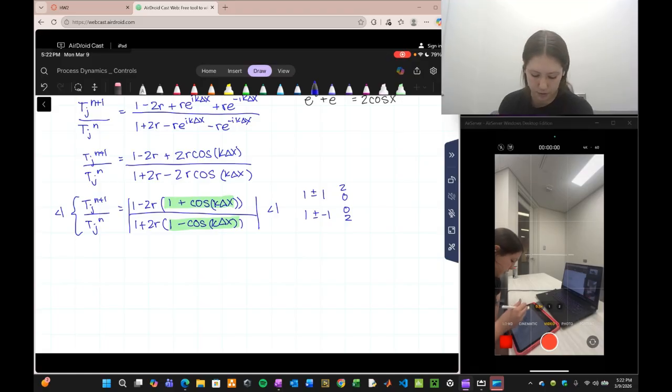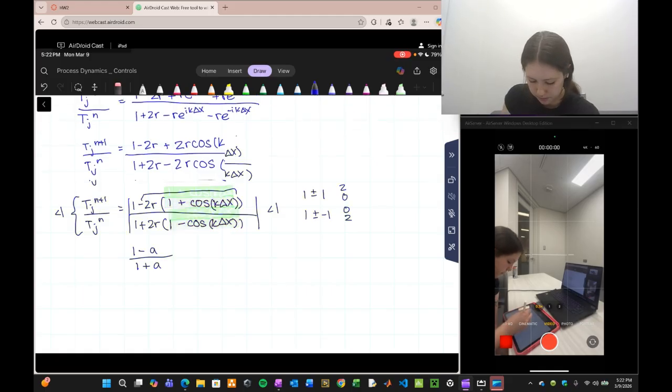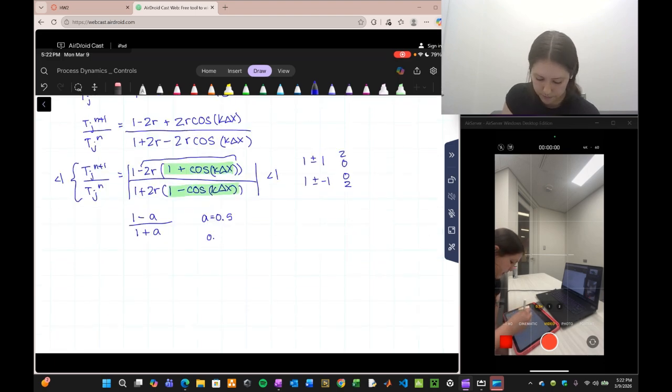So if we look at the rest of this equation, 2r will be multiplied by a non-negative term. So we'll call that A, and then in the bottom we'll call that also A. For example, let's say A equals 0.5. 1 minus 0.5 is 0.5, and 1 plus 0.5 is 1.5.